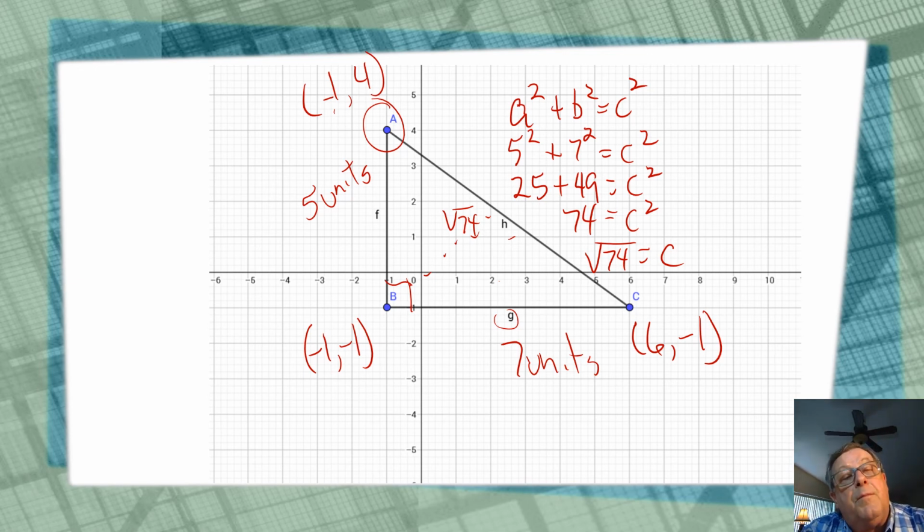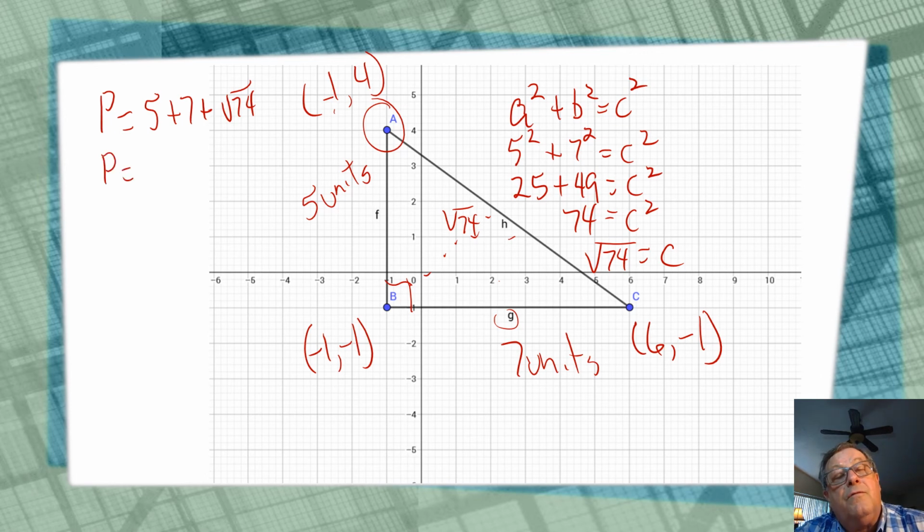Now, to find the perimeter, I can simply take all the sides and add them together. So I've got 5 plus 7 plus the square root of 74. 5 plus 7 is 12, and so the perimeter is 12 plus the square root of 74.